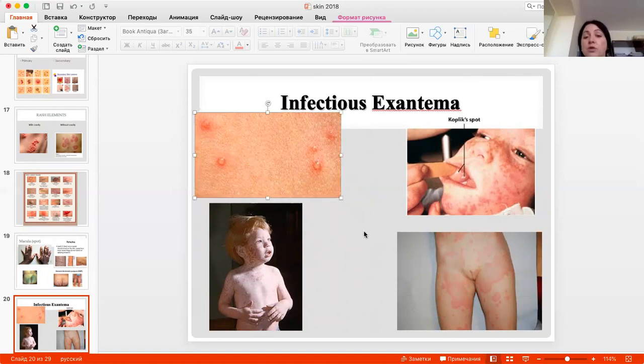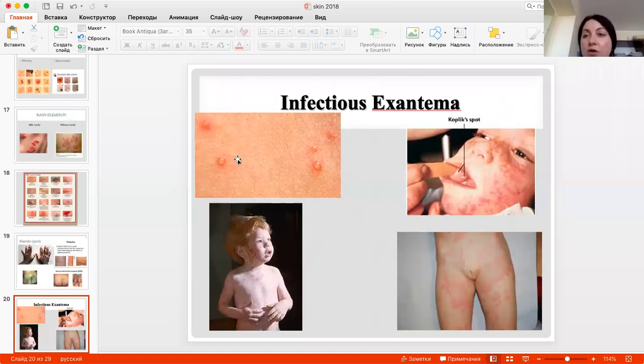So these vesicles usually appear on the whole child's body, starting in the hair part of the head, and the whole body may be covered with these elements. This rash usually starts on the 3rd or 4th day of the fever, and the type of rash changes.